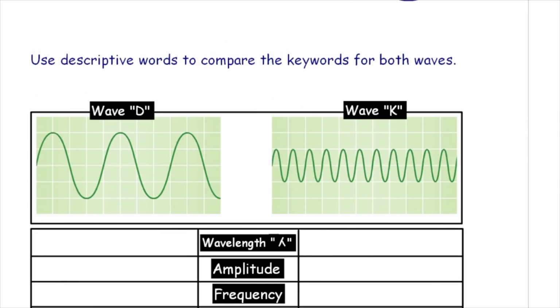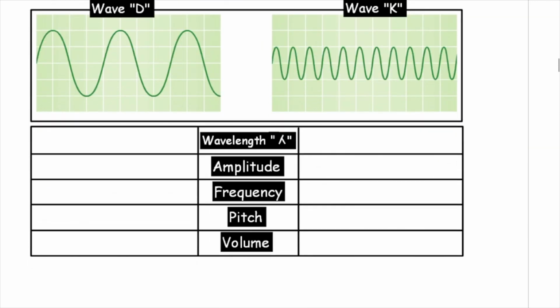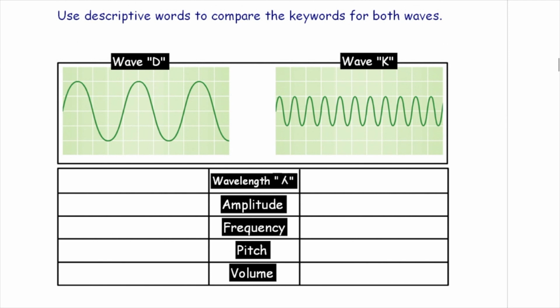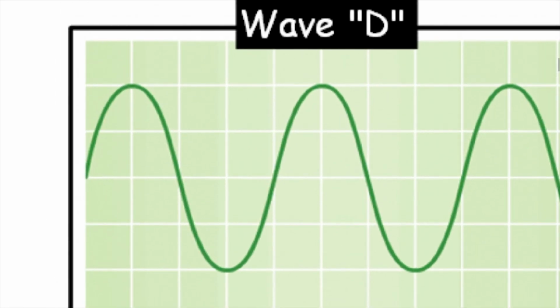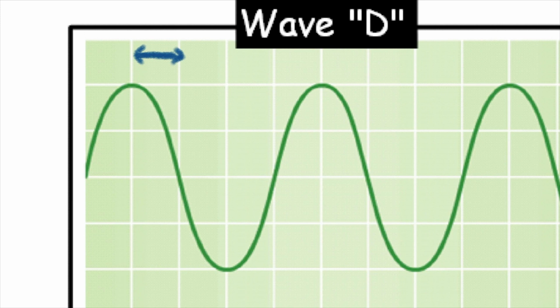Use descriptive words to compare the keywords for both waves. And I've added now measure the wavelength and amplitude for both waves. We're going to work on the basis that each one of these squares is 1 centimeter, 1 centimeter in both directions.